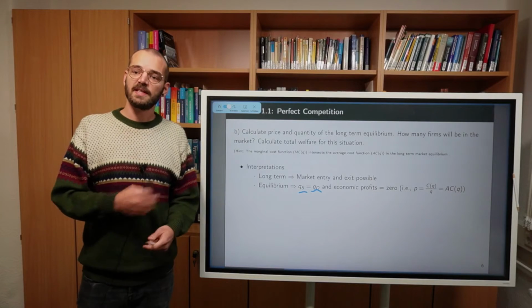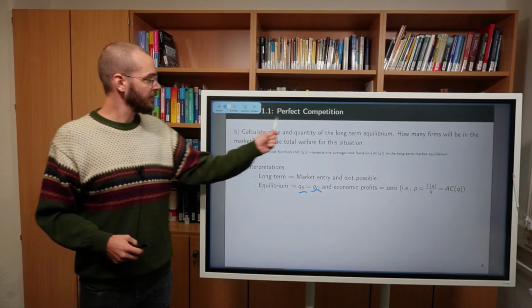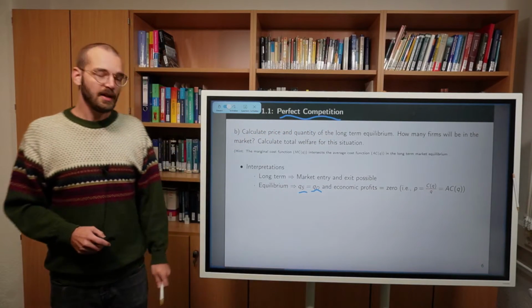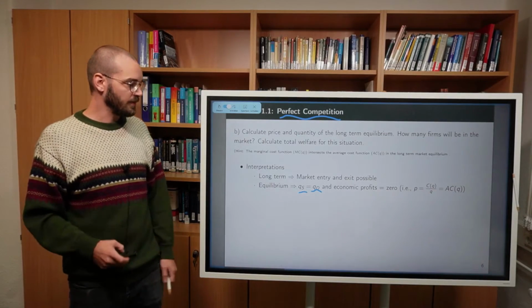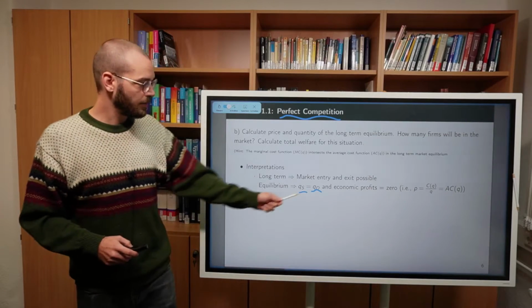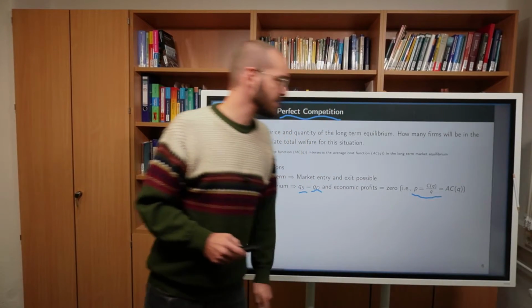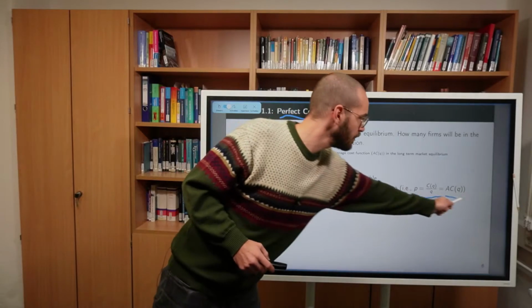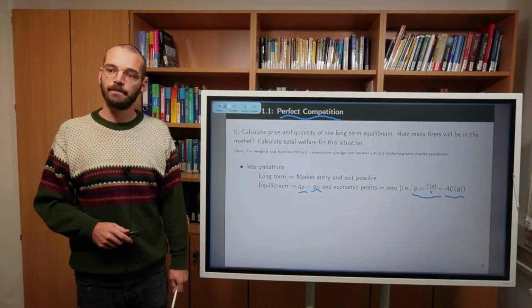Also, in this particular case, because we are still in the world of perfect competition, we also know that in equilibrium, economic profits must be zero. Or, in particular, price must equal marginal costs, and also price must equal the average costs.